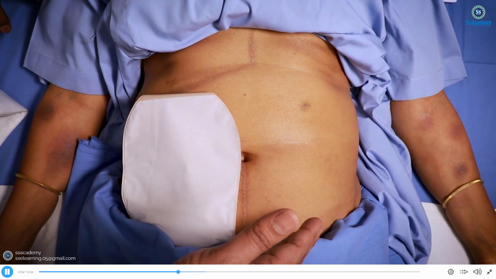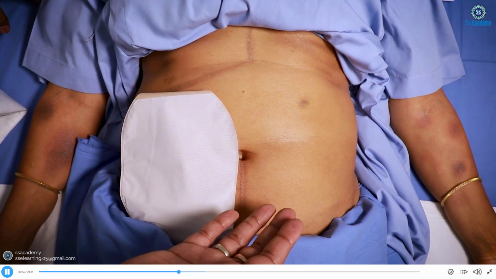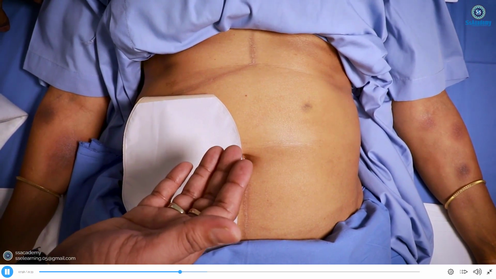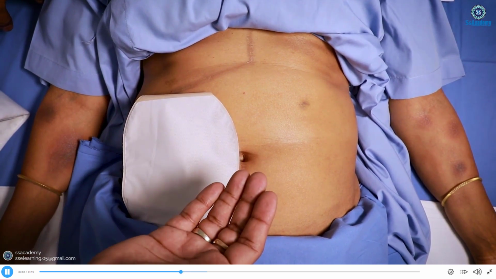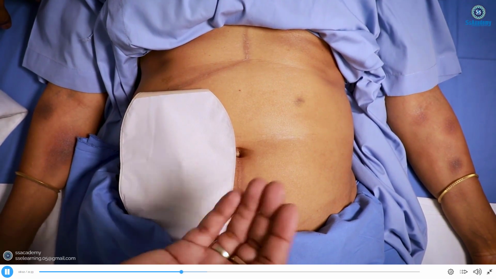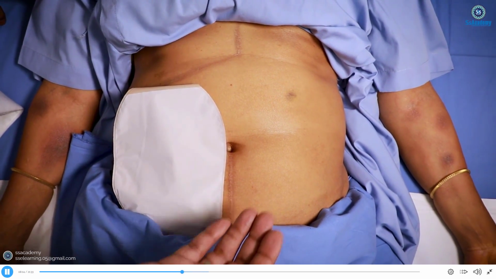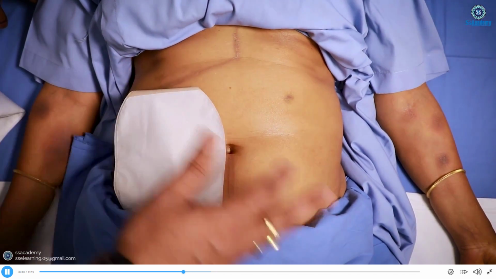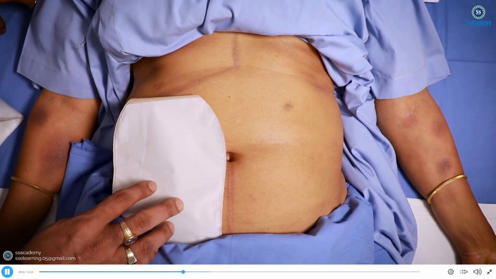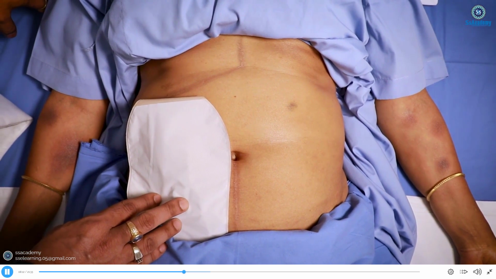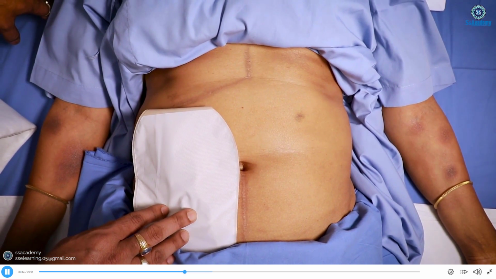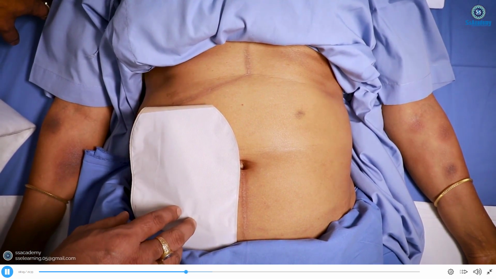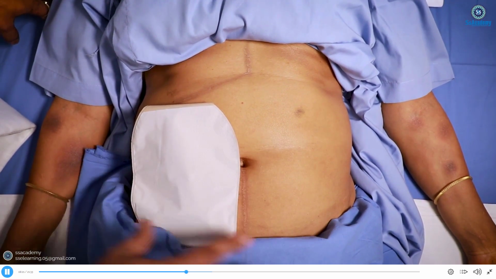This colectomy was needed because the lady had complications of ulcerative colitis, complicated by perforated ulcerative colitis, which required colectomy. This colectomy resulted in an ileostomy here. So the colectomy done, ileostomy here. This is nothing but the diagnosis.